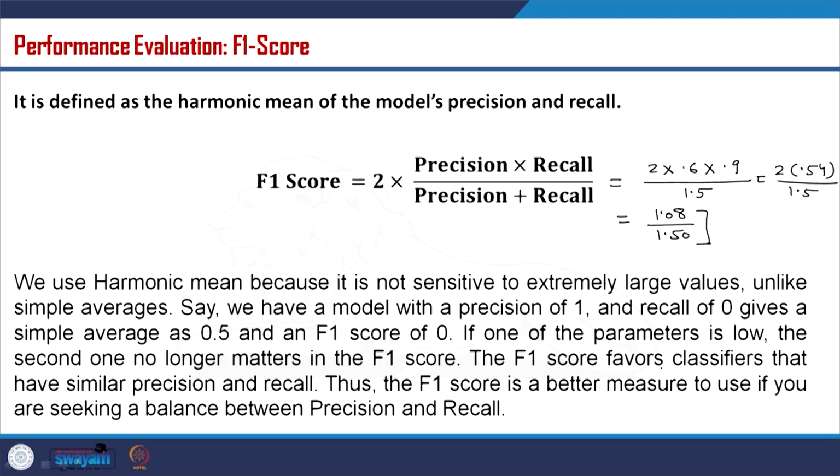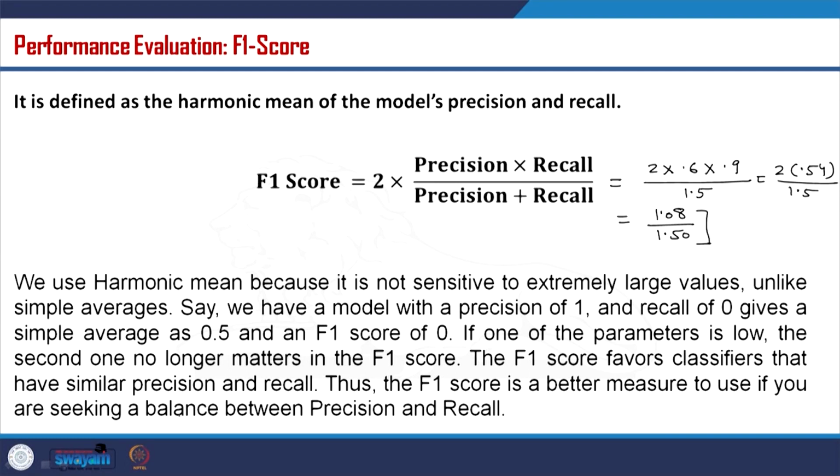The F1 score favors classifiers that have similar precision and recall. Thus, with similar precision and recall, we have a better balance between them. As I told you, there is a trade off between them. If one is low, then the other will become high and vice versa. Thus, the F1 score is a better measure to use if you are seeking a balance between precision and recall.